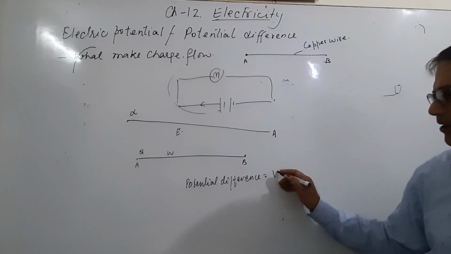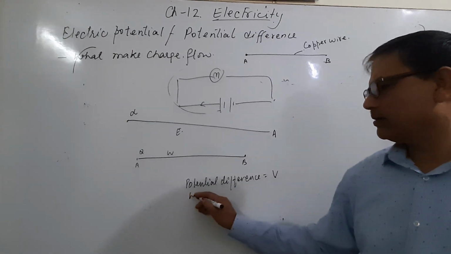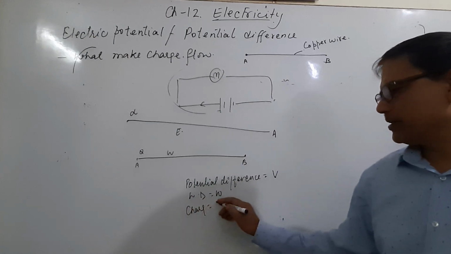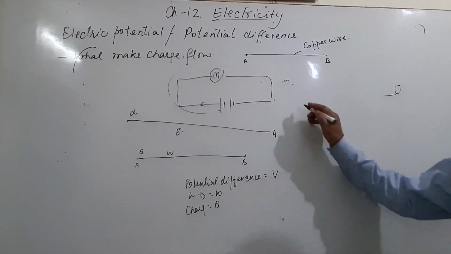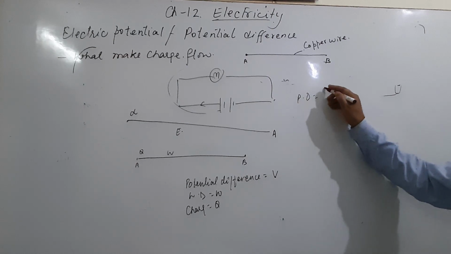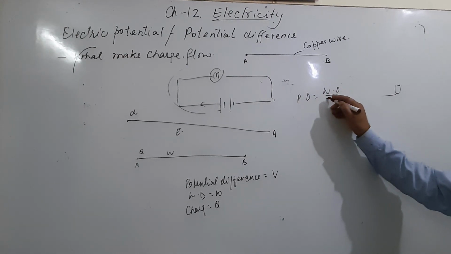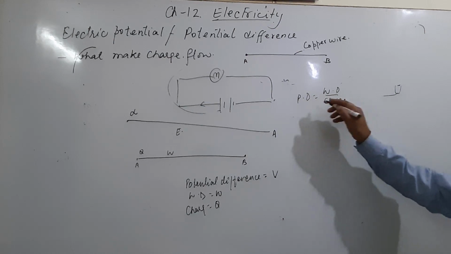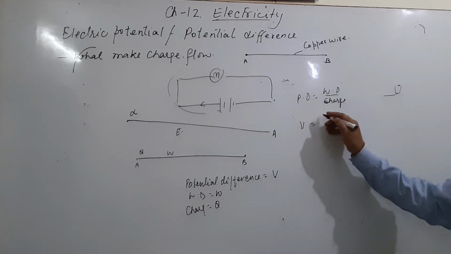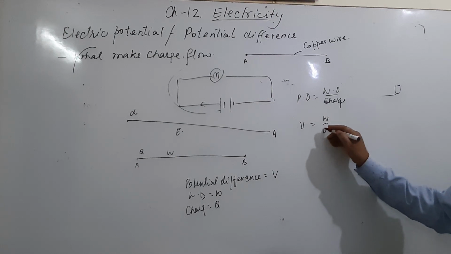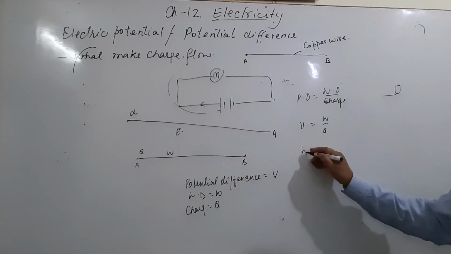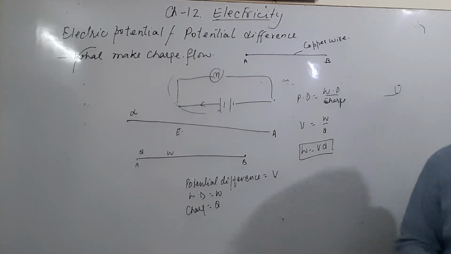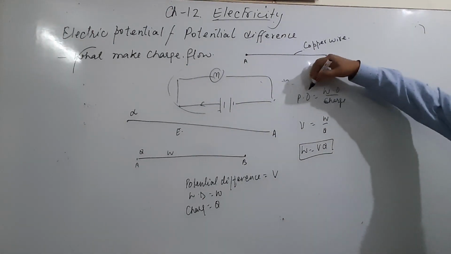Potential difference is represented by V, work done is represented by W, and charge is represented by Q. Then we can say potential difference is equal to work done upon charge, V equals W upon Q. Cross multiplying, W is equal to V into Q. Then what is the definition of potential difference?